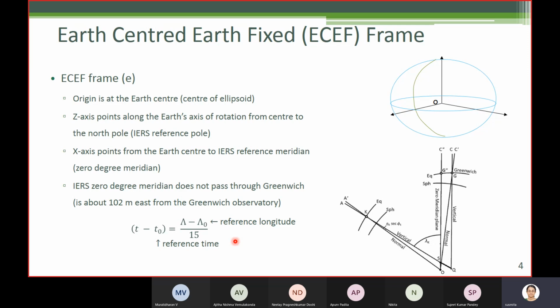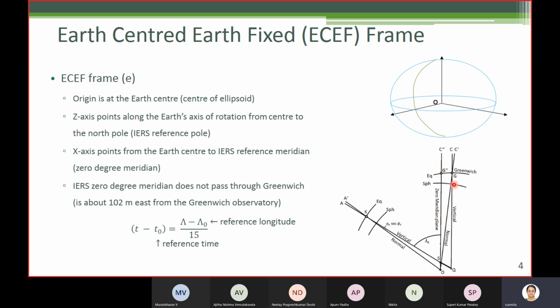Now all these advanced techniques assume that the meridian plane passes through the Earth center. Now to retain the same definition of the astronomical time, what was done is they shifted this local vertical at the Greenwich Observatory such that it passes through the Earth center.